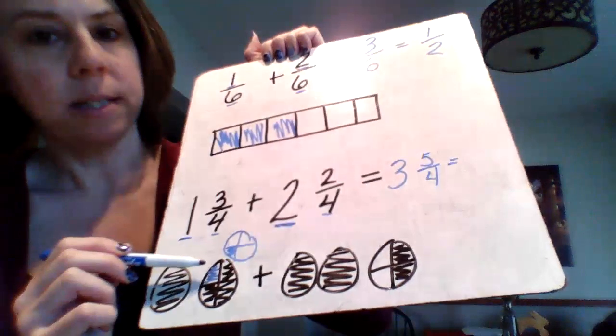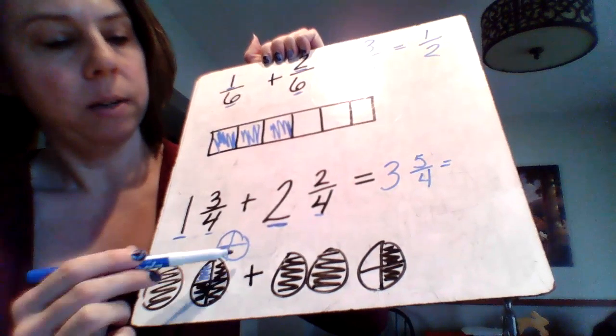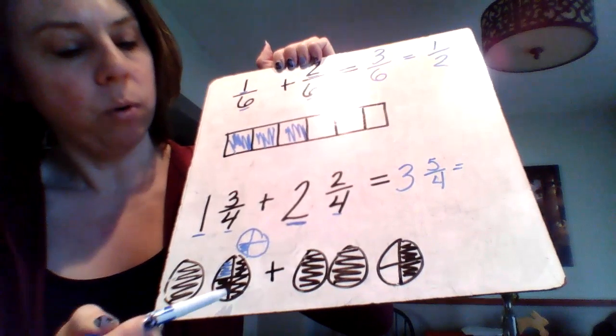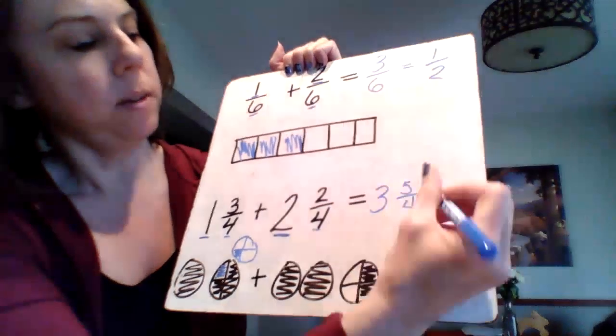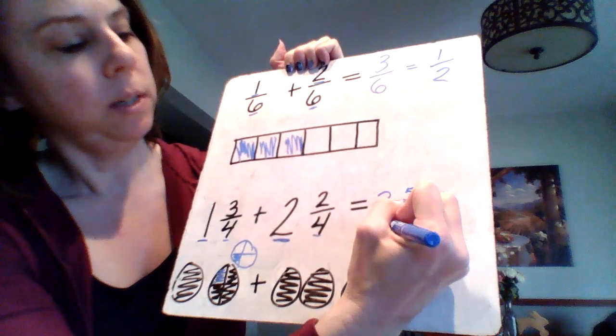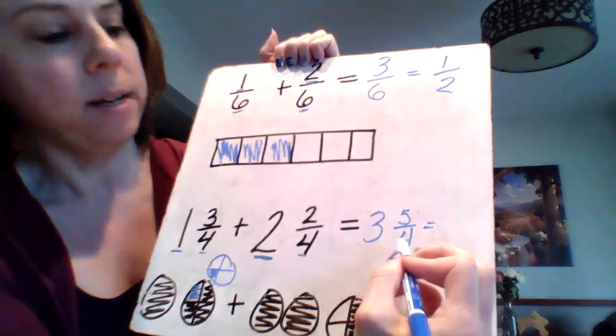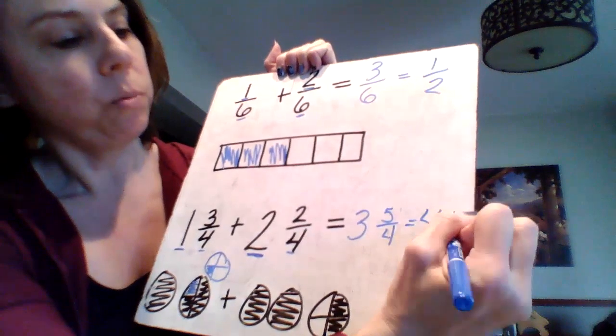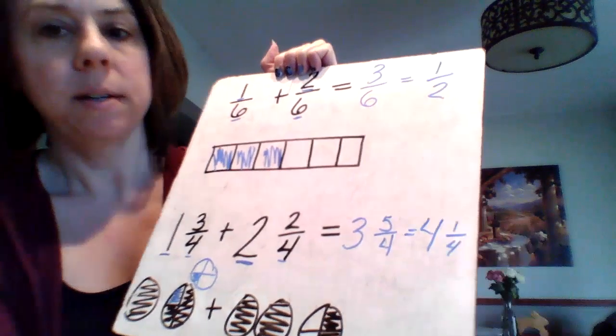And so like I said down here, when we add that two parts that were over here, we now have 1 whole and then 1/4. And so if we take that 1 whole and add it to the whole that we now have, 4 wholes with 1/4 left over.